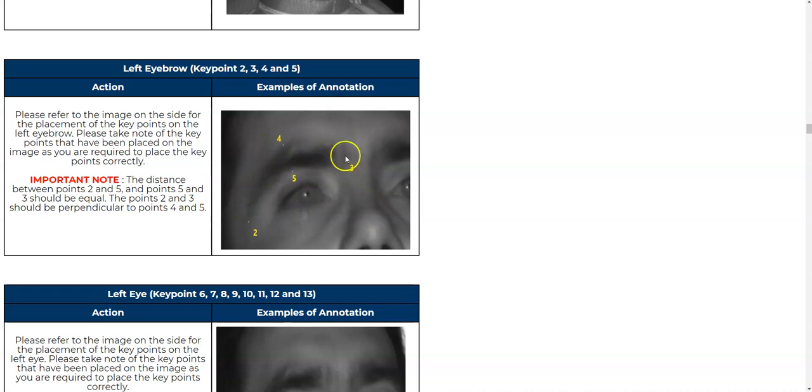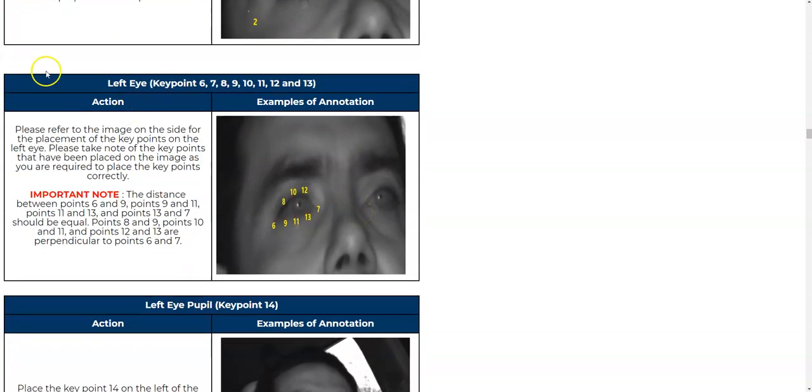Point 3 should be on the furthest right, and it should be at the bottom region. You shouldn't annotate it here at this region. It should be at the bottom. Right, and point 2 would be on the left furthest side of the eyebrow.